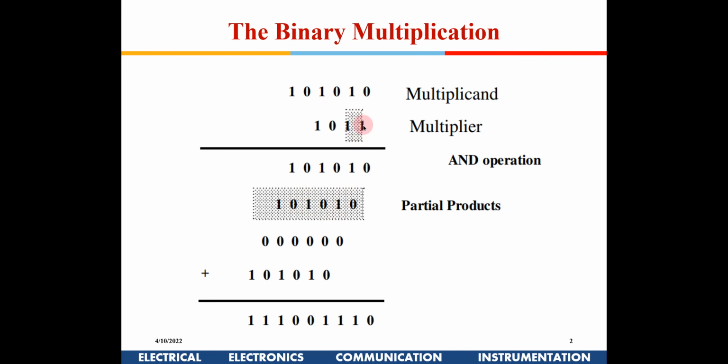Once an AND operation of the entire multiplicand is done, then we need to make a shift operation. So there is an AND operation involved and a shift operation involved.